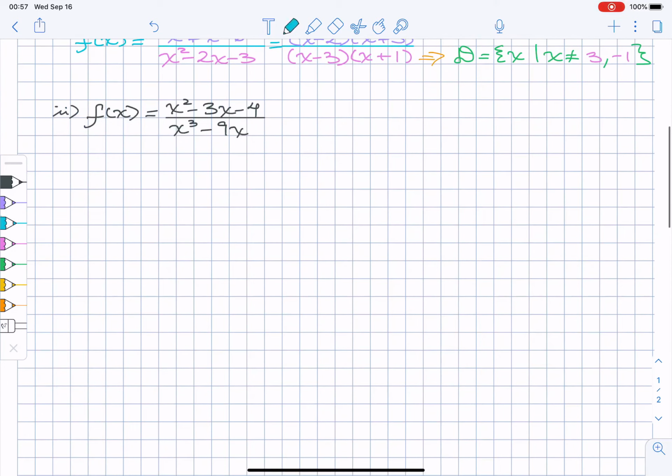Okay, so once again, I would like to factor. So first I note that f of x can be written as x squared minus 3x minus 4 divided by x cubed minus 9x.